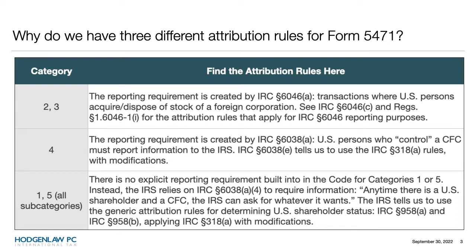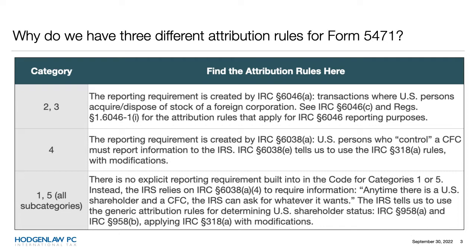Category 4, the filing requirement itself is found in Section 6038A, and in that code section, the code tells you to use the default attribution rules at Section 318A, and there are a couple of modifications that you have to apply. For categories 1 and 5, the rules are the same. There's no explicit part of the code that says do this, and there's nothing in the code that spawns Category 1 and Category 5.